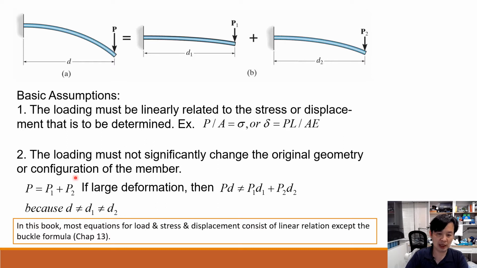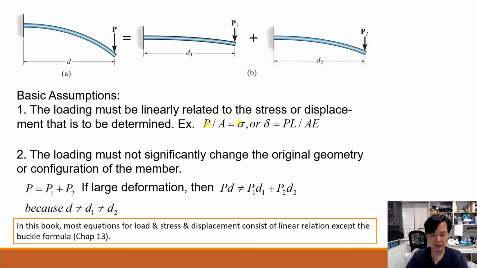For example, like this formula, the force P and the stress are linearly related. So when you increase the load to twice as before, then your stress will increase at the same ratio. That's what we talk about, linear relation.